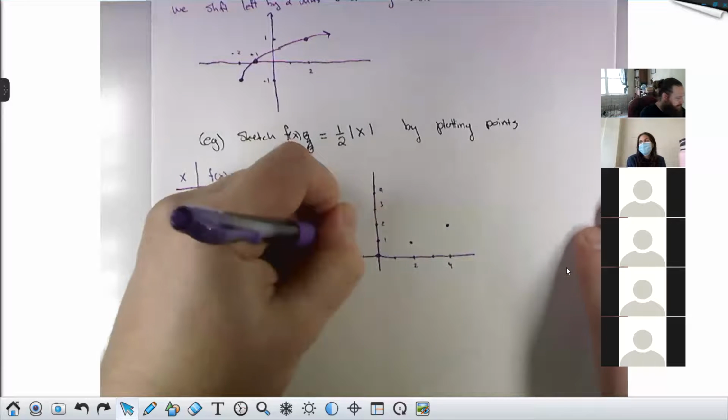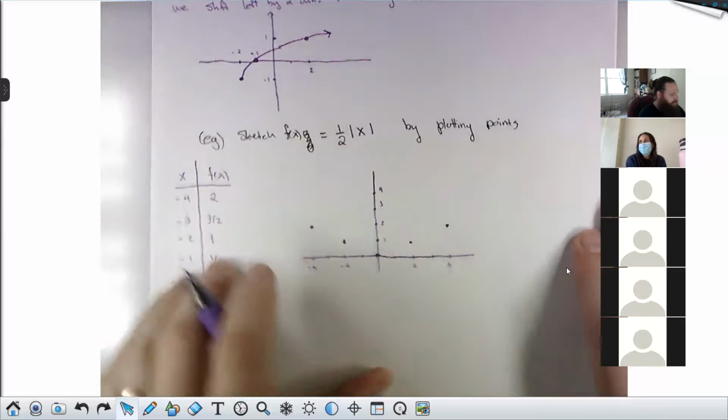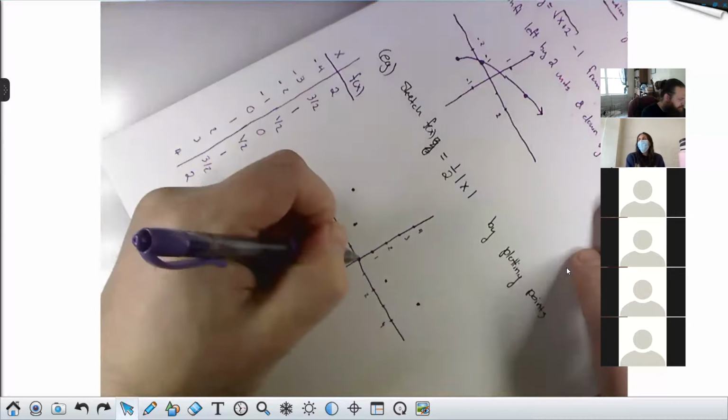And the difference between this and the sort of parabolic stuff is that this is made up of straight line pieces.